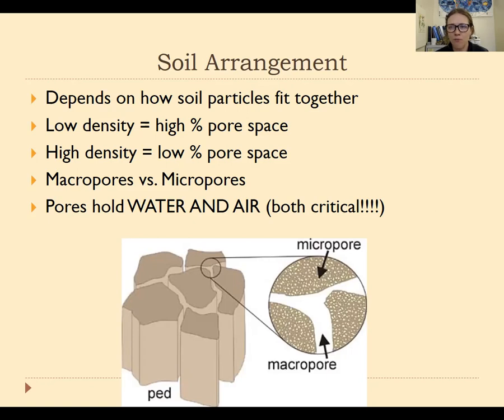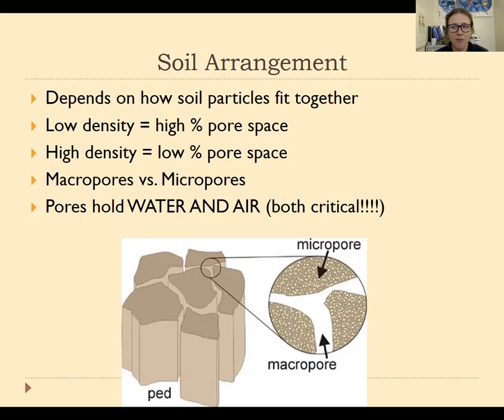So the macropores are much more important in terms of facilitating water and air movement around in the soil. But micropores can also contribute to or influence density in the same way that macropores can. So in general, when a soil has a low density, there's not a lot of material packed into a small space.